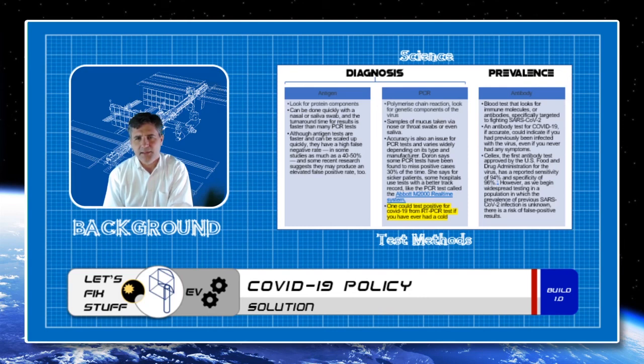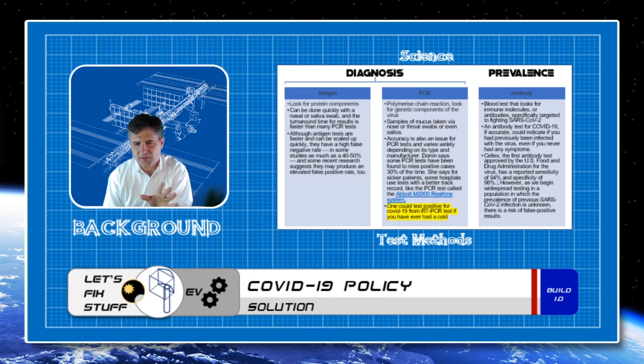In contrast to the antigen-based test, there's a PCR-based test, which is essentially a polymerase chain reaction test. This is the gold standard. What they're looking for are virus fragments in those tissue samples that they take.